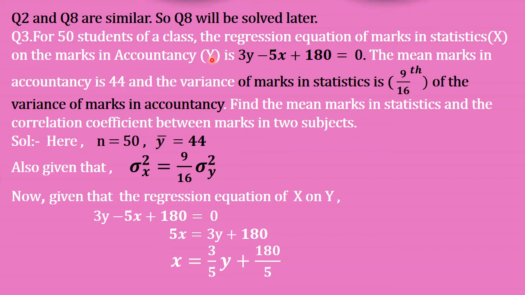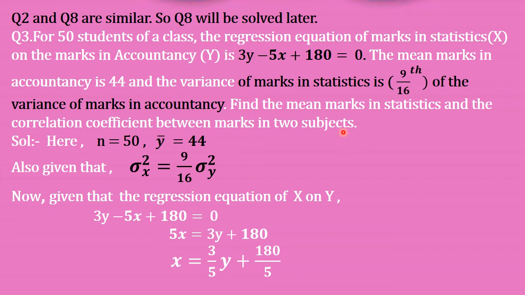Mean marks of accountancy means y is the variable, so y bar is equal to 44. And the variance of marks in statistics is 9/16th of the variance of marks in accountancy. This condition is given. Find the mean marks in statistics, that is x bar, and the correlation coefficient between marks in the two subjects, that is r.